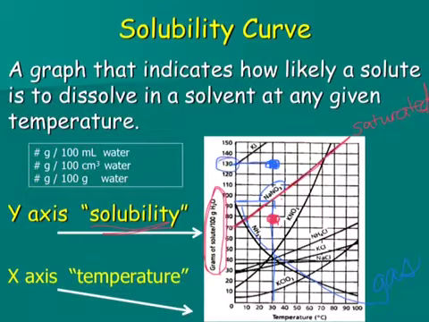I put 130 grams into my 100 grams of water at 30 degrees. Now, it doesn't all necessarily have to dissolve. We already know that it can dissolve 94 grams. And so if I put in 130 and only 94 dissolves, what's going to happen? Well, 36 grams is going to sink to the bottom of the container. So at that point, you have a saturated solution. It dissolved the 94, and the rest just sank and sat at the bottom, so nothing exciting is actually happening.